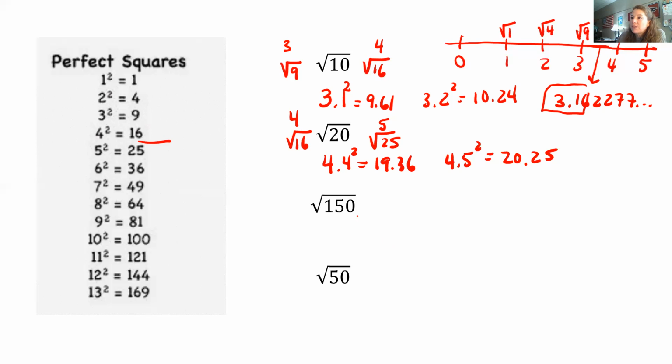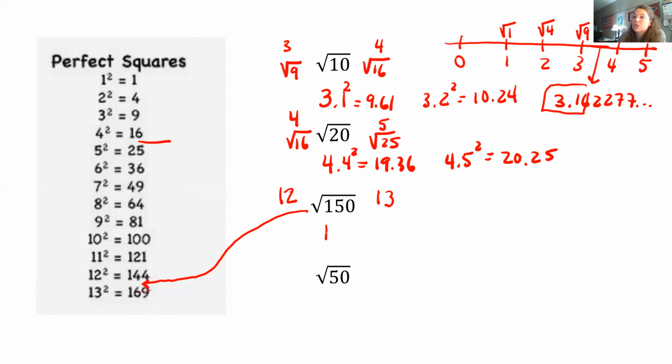All right, so where would 150 fall on this list over here? It's between what two perfect squares? Well, be right there, right? So 150 is falling between 144 and 169, which means it's between what two whole numbers? The square root of 150 is between 12 and 13 because it's between the perfect squares of 144 and 169.